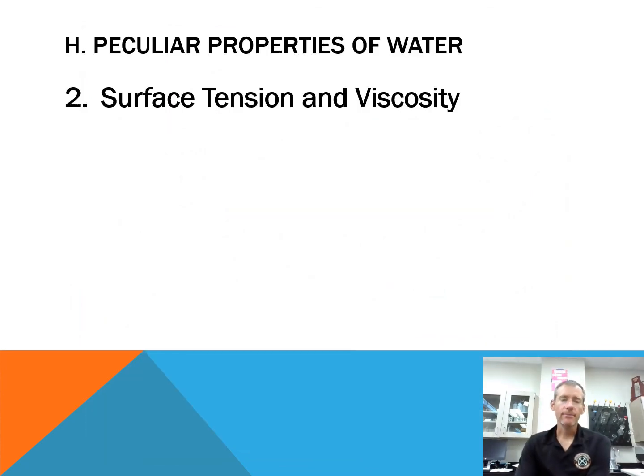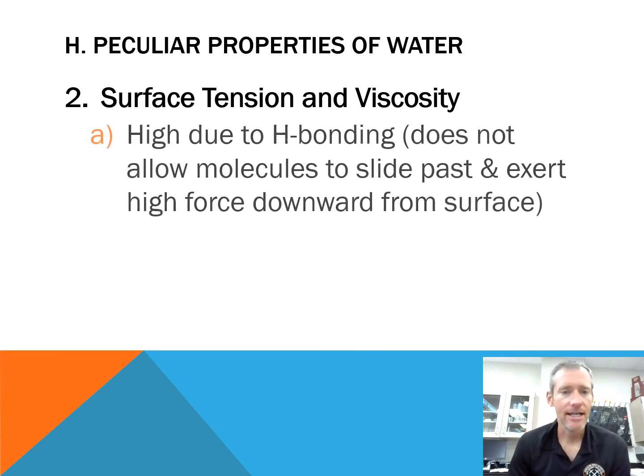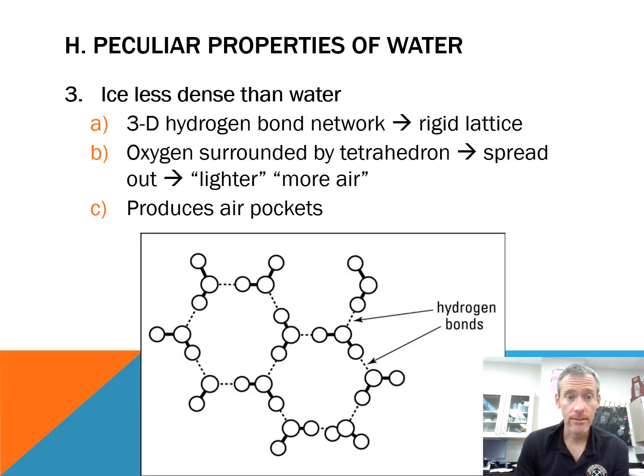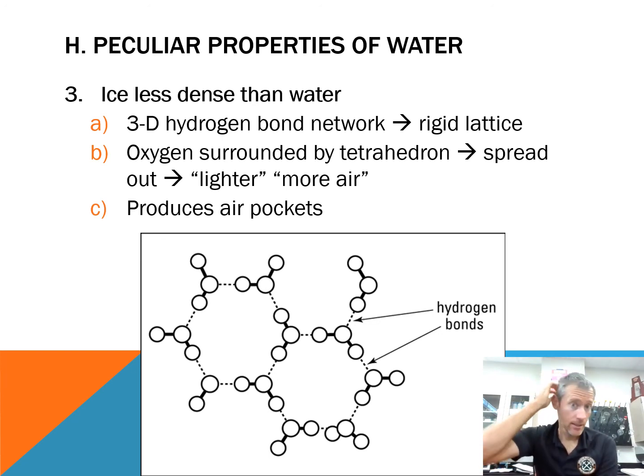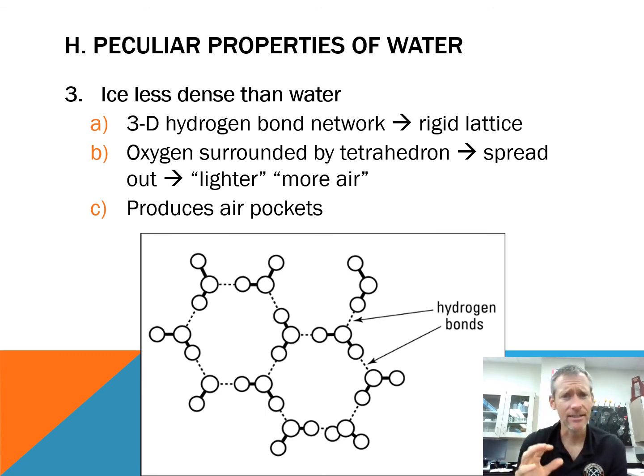All right, some other things about water that are so important and really important to our daily life. Surface tension and viscosity. There's a high surface tension for water because of the hydrogen bonding, and water becomes less dense when ice. That's because it produces a rigid lattice and kind of traps air in between those bonds.